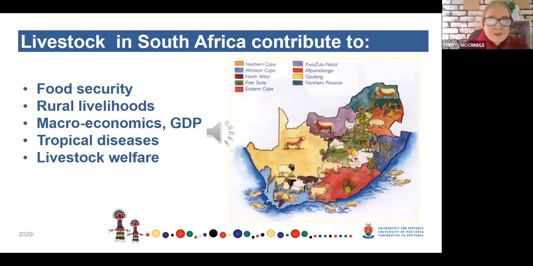So let me tell you a little bit more about my lovely country. Livestock in South Africa contribute to food security and rural livelihoods, to macroeconomics, and the GDP. In fact, with the COVID-19 disaster we've had, the only sector that actually did better than normal was the livestock sector, because our general economy went down 52%.